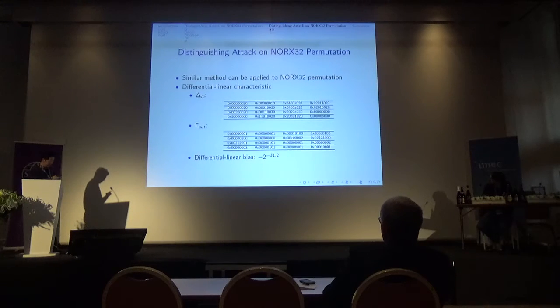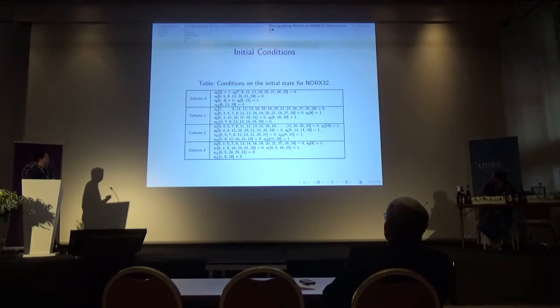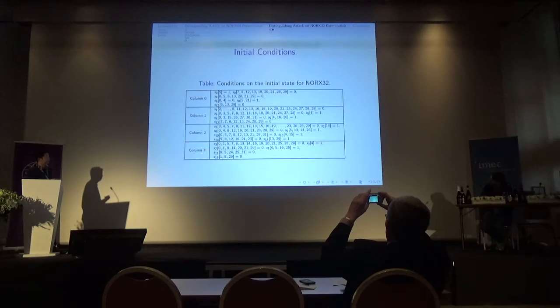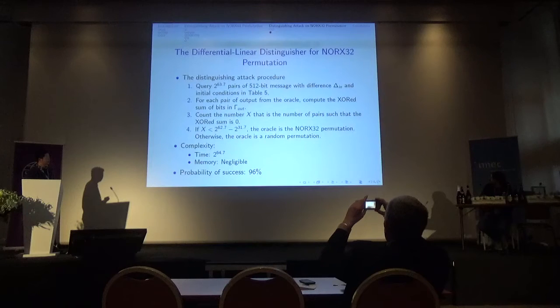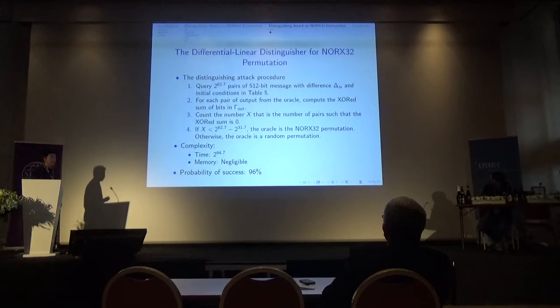So we have this differential-linear characteristic and this differential-linear bias, which is -2^-31.2. These are the initial conditions. And the complexity of this attack is 2^64.7, and the probability of success is 96%.